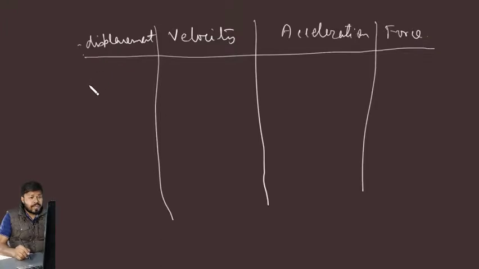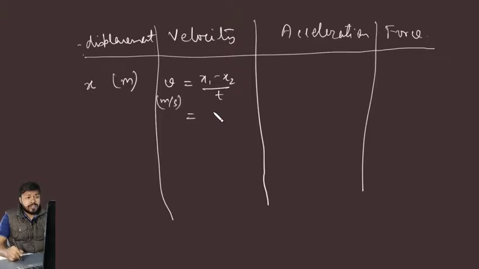Displacement is represented as S or X. I will write it X here. SI unit is meter. Velocity is represented as V, given as change in the displacement per time, so we can write x2 minus x1 divided by t. SI unit is meter per second, which in the differential form we can write as dx dt.